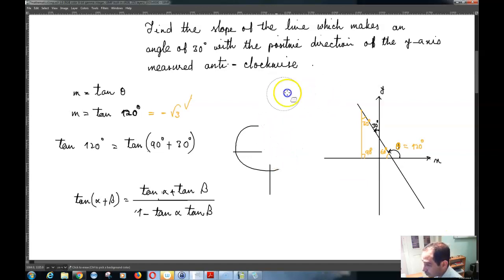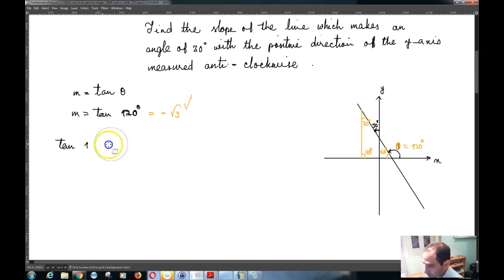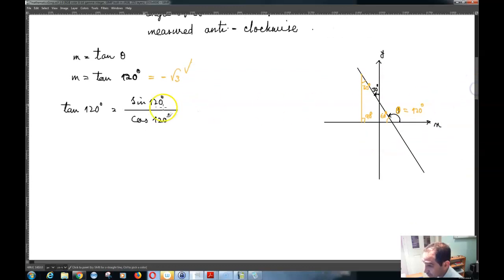Alternatively, what I can do is that I can write this tan of 120 degrees as sine of 120 degrees by cos of 120 degrees. And then we have all of these formulas related to sine of alpha plus beta, sine of alpha minus beta, cos of alpha plus beta, and so on and so forth.